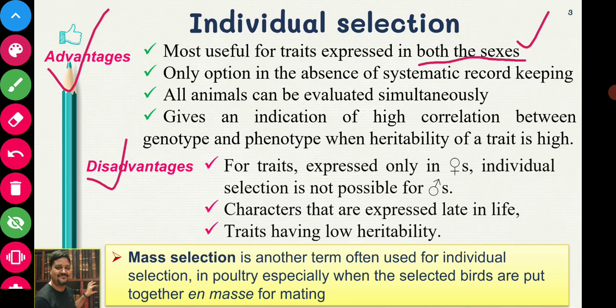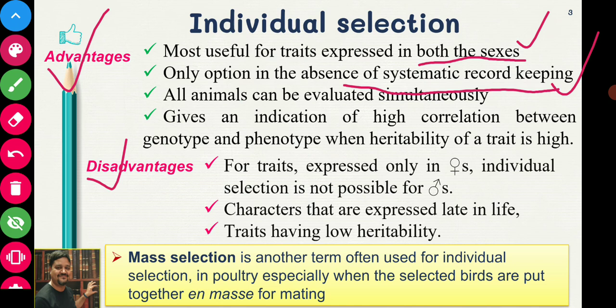The second is that it is the only option in the absence of systematic record keeping. Suppose there is a farm and in that farm there is no record keeping. So what will you do? How will you select individuals from that farm?